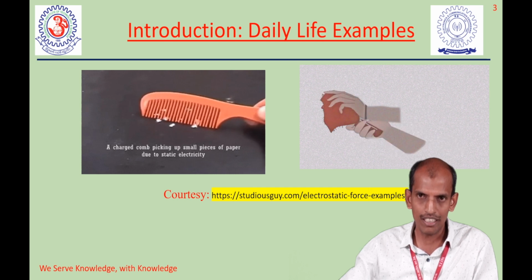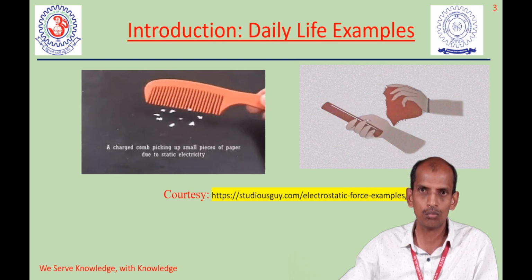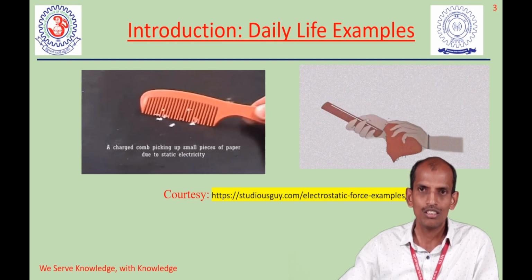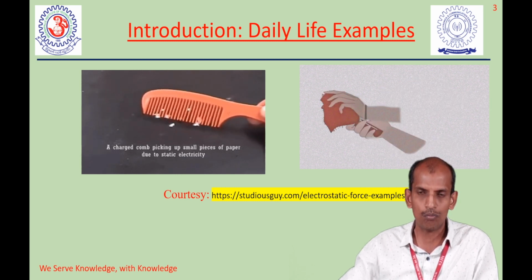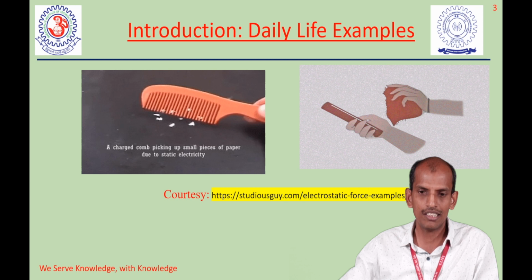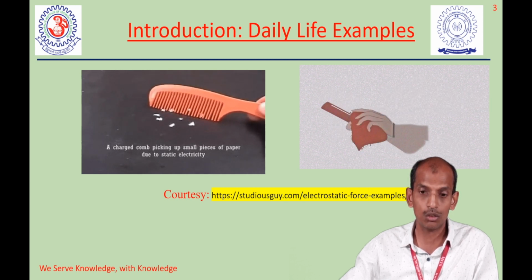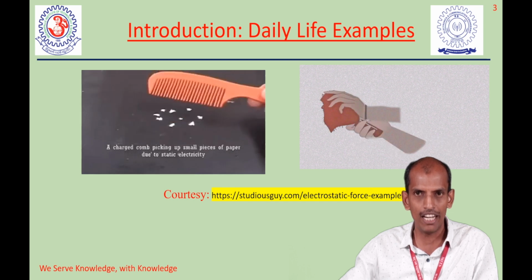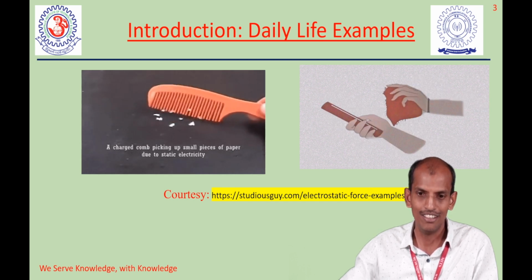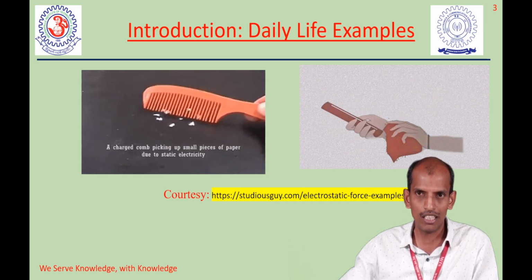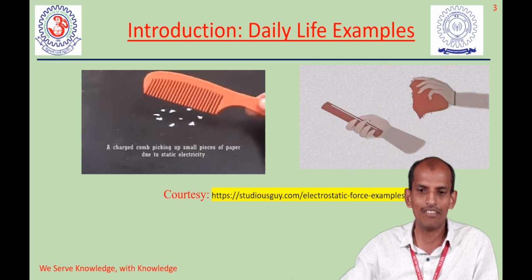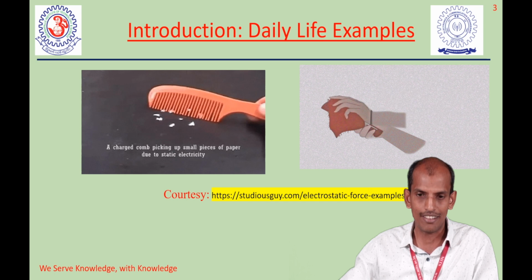When you bring this comb to small bits of paper, the positive charges on the paper get accumulated near the comb and the negative charge remains away at the other end. So what happens when you bring the comb near the bits of paper? There is a force of attraction.